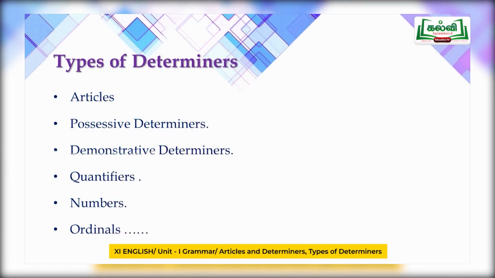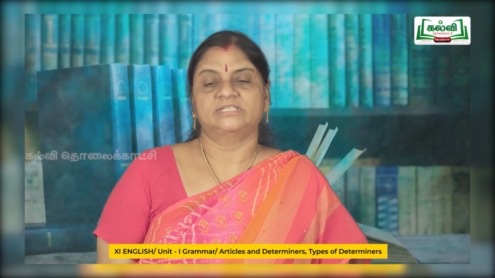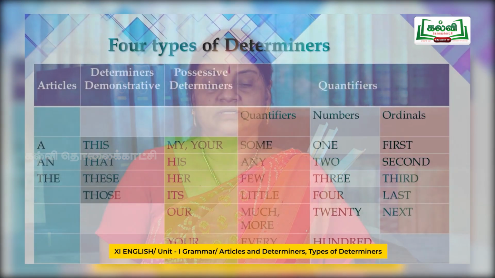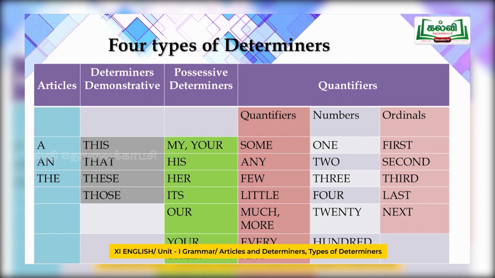Let us see the types of determiners. One is articles, then possessive determiners, demonstrative determiners, quantifiers, numbers and ordinals. These types of determiners that we have seen already are tabulated here. See the table: articles, a and the. Demonstrative determiners: this, that, these, those. Possessive determiners: my, your, his, her, our, your, their. Quantifiers, numbers and ordinals are the 3 divisions.